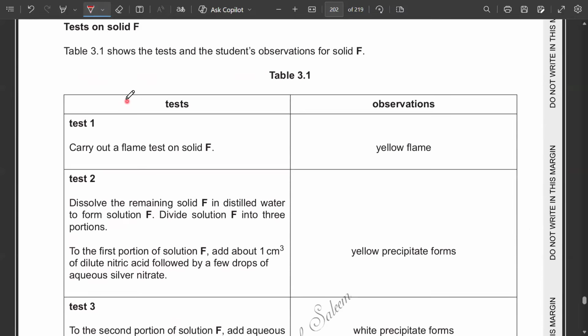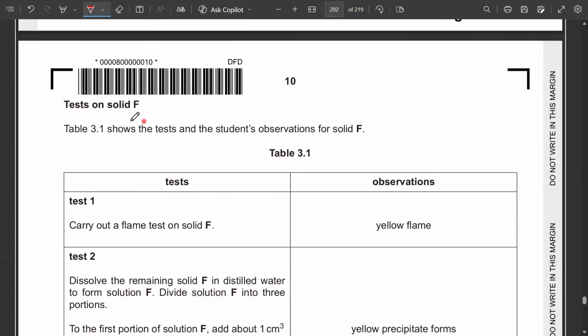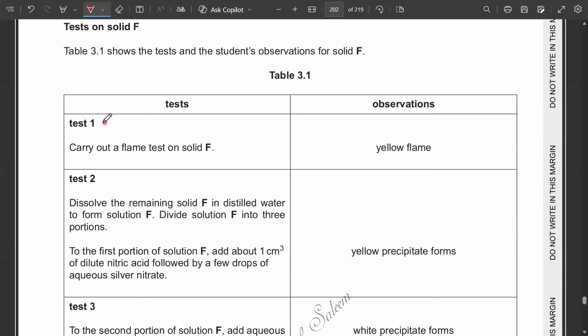Then the last question, tests on solid F. Table 3.1 shows the tests and the student observations for solid F. Test 1, carried out a flame test on the solid F, and it is a yellow flame.